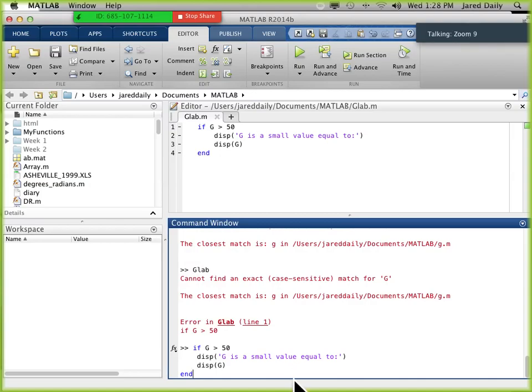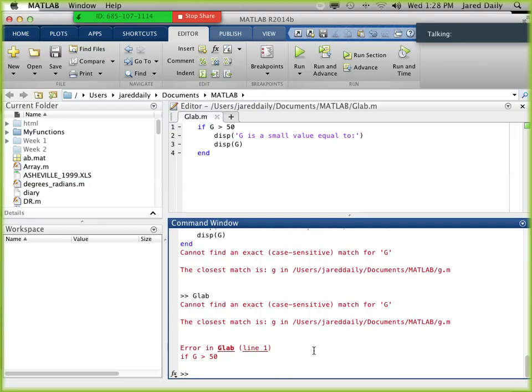Let's see here. Okay. Well, I guess we can just choose a G before we write our code. Let's say G equals 6.